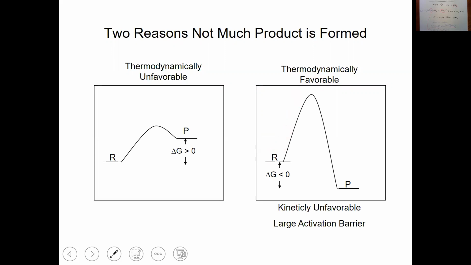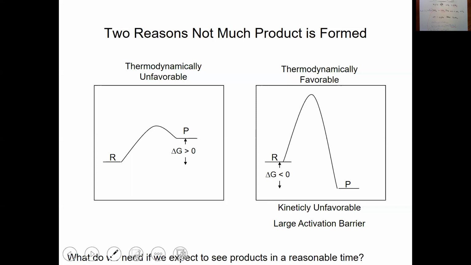You can wait for a very long time and never get any product. So spontaneous according to delta G, yet no reaction actually happens over a long period of time.